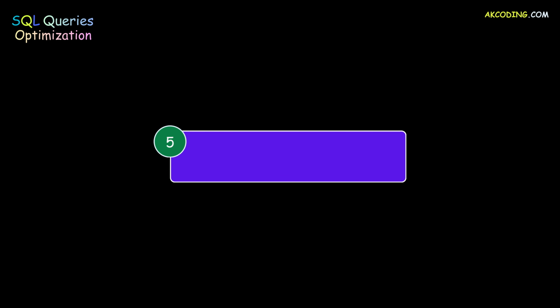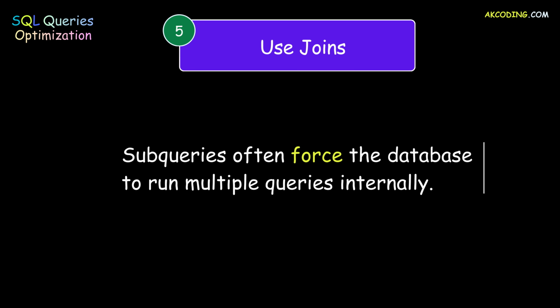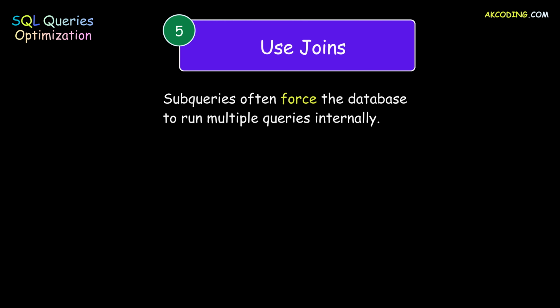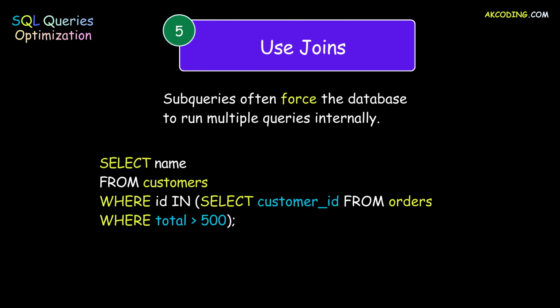Number 5. Use JOIN instead of subquery when possible. Subqueries often force the database to run multiple queries internally. For example: SELECT name FROM customers WHERE id IN (SELECT customer_id FROM orders WHERE total > 500).